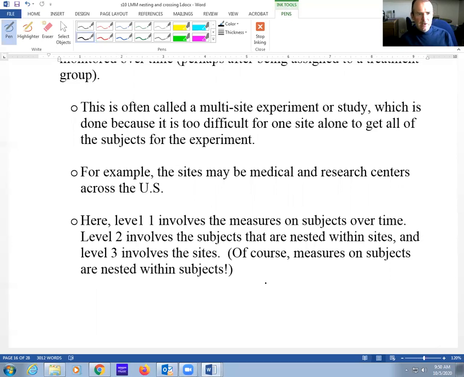Why don't you guys give me an example where you have 3 levels, but you don't have repeated measures? Can you think of an example? Like subject, county, state. Yeah, that's a good one. So the middle unit is county: what county are they in? And then the largest unit is state. That's a good example.